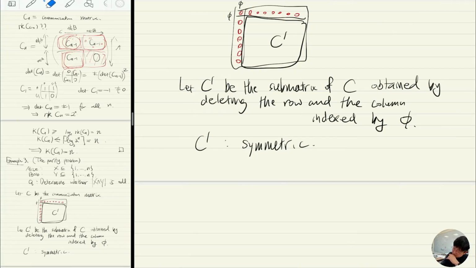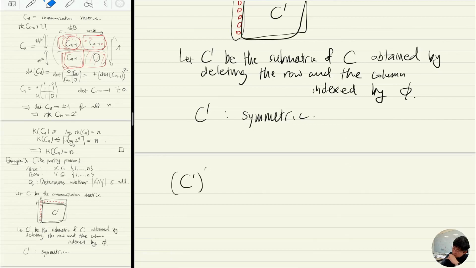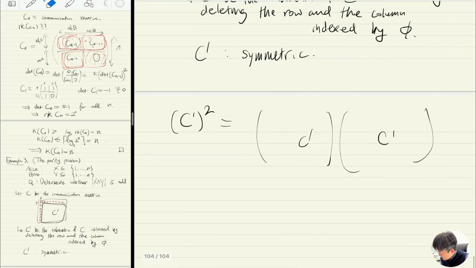Now let's consider the following matrix, C prime squared. What does it count? You have two matrices, C prime, and we are multiplying some column of the second C prime with some row of the first C prime.